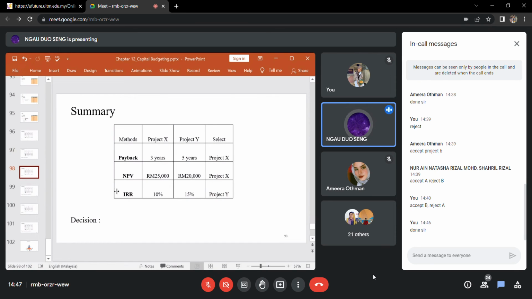If based on IRR, we are going to choose project Y because 15% is higher than project X. So we choose project Y based on the IRR method. So in this case, do we choose X or Y?